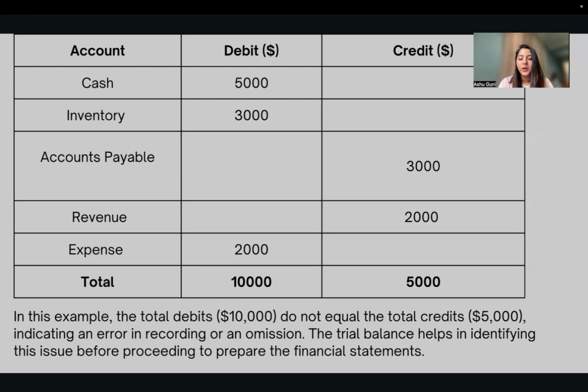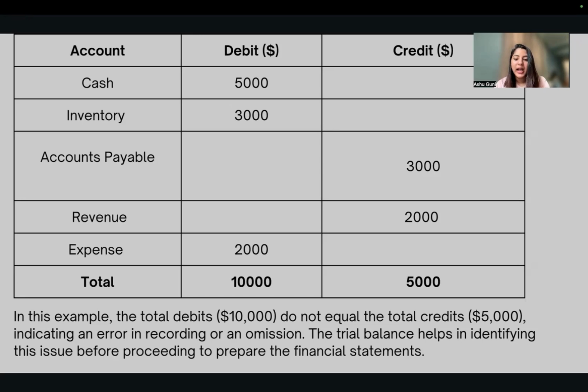And in total, we can see that the debit side and credit side are not balanced. So in this example, we do not see the balance in the equation. This can indicate that there has been an error in recording or an omission.